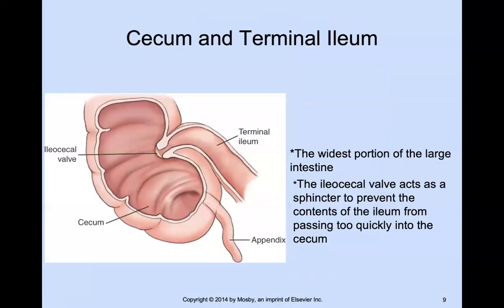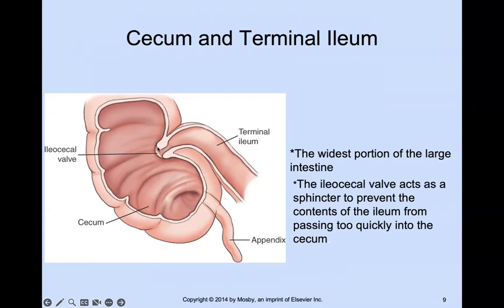So the cecum is the widest portion of the large intestine. Okay, it is the first portion of the large intestine as well. It's in the right lower quadrant. And we have what's called the ileocecal valve. Ileo for ileum, which is the last portion of the small intestine, and it's going to empty into the cecum.